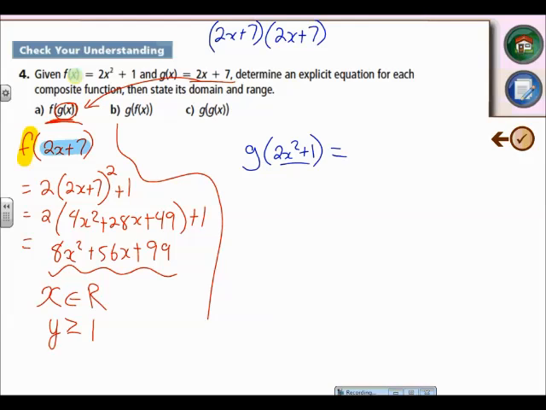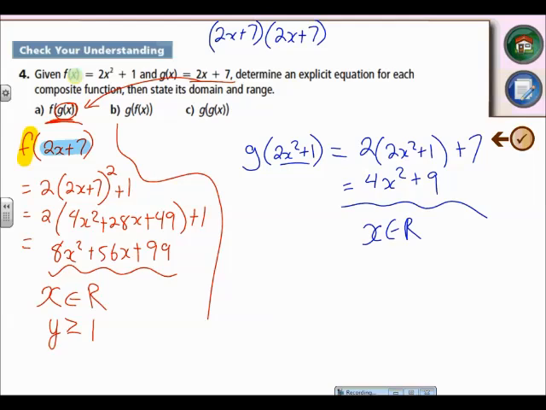So 2 times, oh, there's an x, so 2x squared plus 1 plus 7. Distribute in the 2, add the 7, 4x squared plus 9. That's another parabola, so we know all real numbers for our domain. Range, though, again, graph it. This one you should be able to see. My vertex is going to be at the 9 going up, so y greater than or equal to 9.